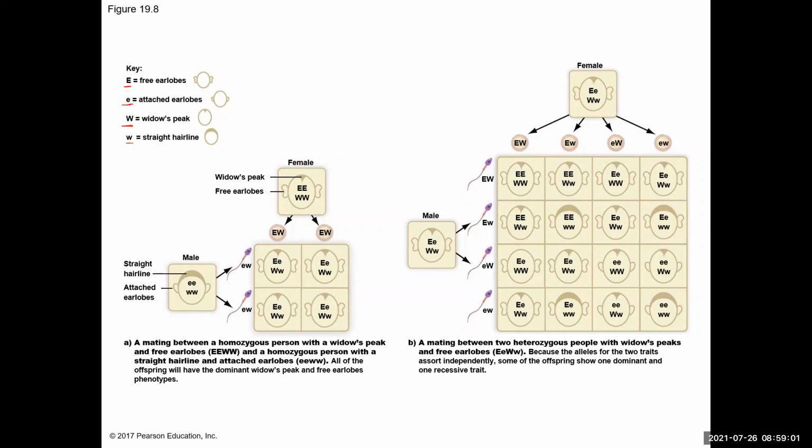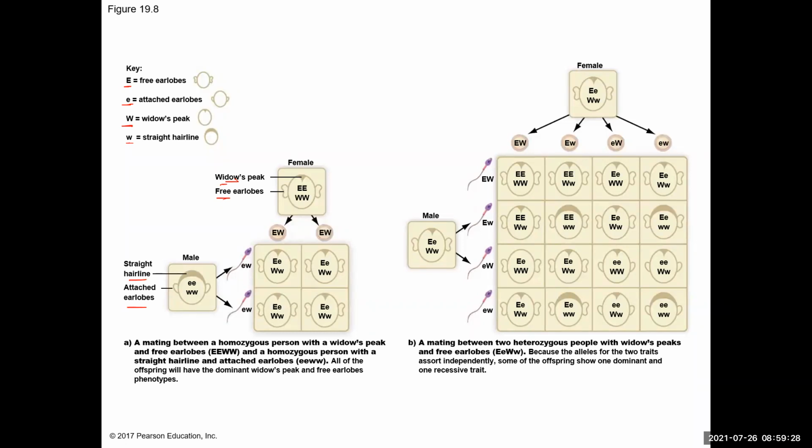So if we have pure breeding individuals, homozygous dominant and homozygous recessive, that means that because they are homozygous dominant for both, they would have the dominant traits, and homozygous recessive for both, they would have the recessive traits. So widow's peak, free earlobes, and straight hairline, attached earlobes.